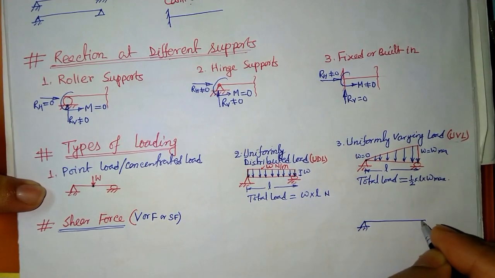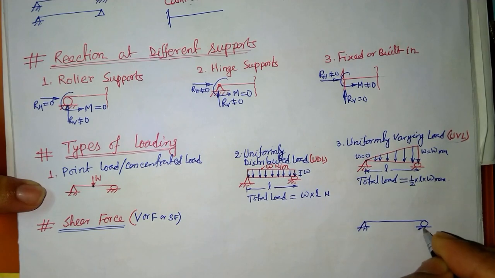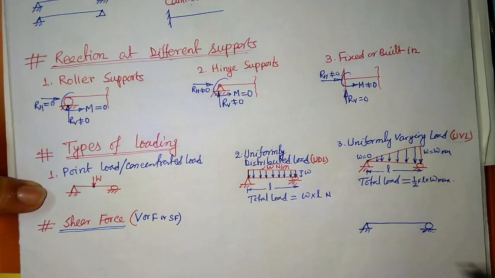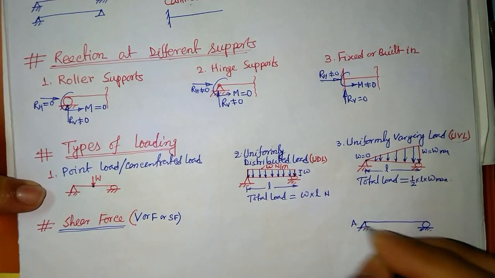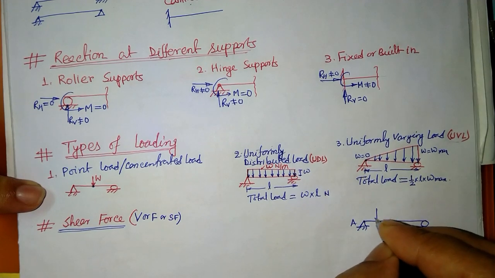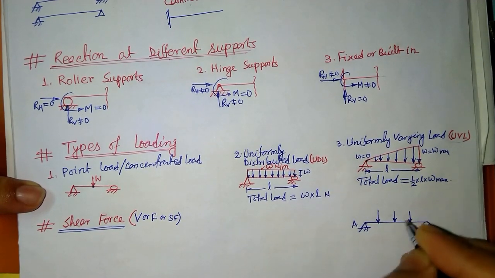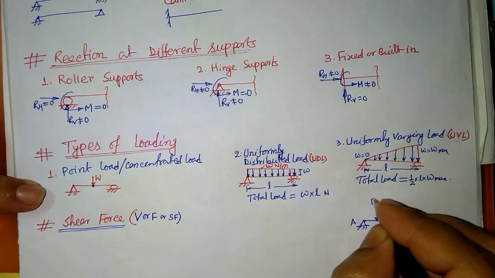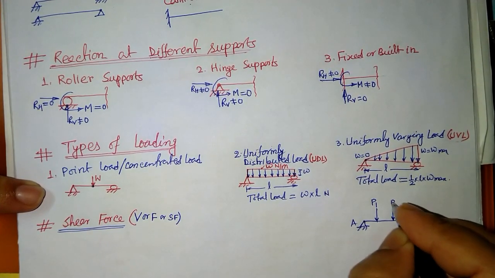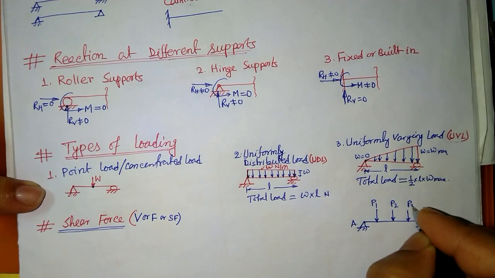Suppose we have a simply supported beam, so this is our A, and on that beam different forces are acting. Let's say these are P1, P2, and P3.